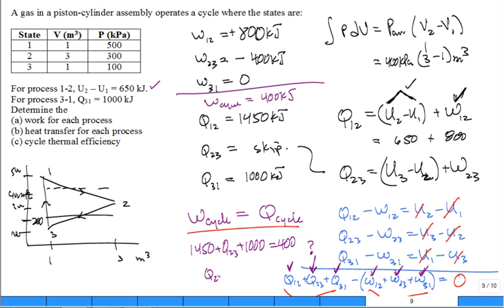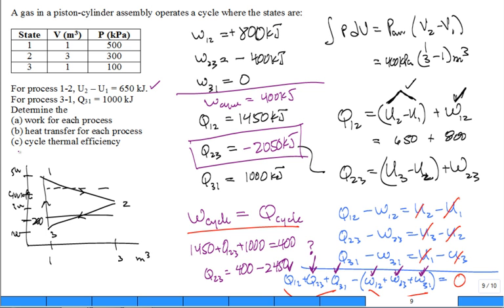So Q 2 to 3 is 400 minus 2,450. And so Q 2 to 3 is negative 2,050 kilojoules. You're really throwing some heat out of the cycle on that process 2 to 3.